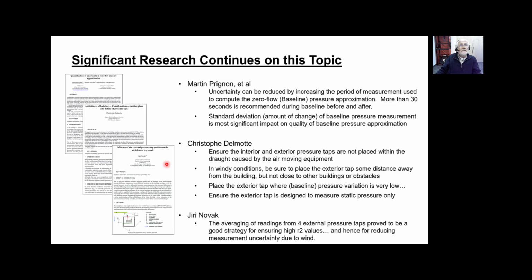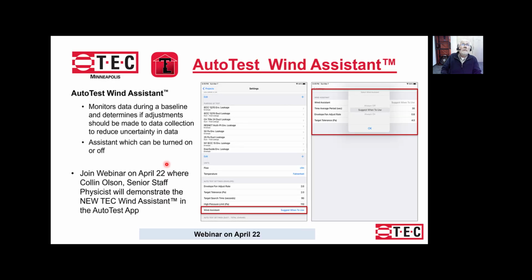We found out that indeed that does help a lot, and we're now working on our software, Auto Test. We're working on what we call the wind assistant, kind of like the tubing assistant, but this is a wind assistant that will prompt you when it detects that there's lots of wind pressure fluctuations.